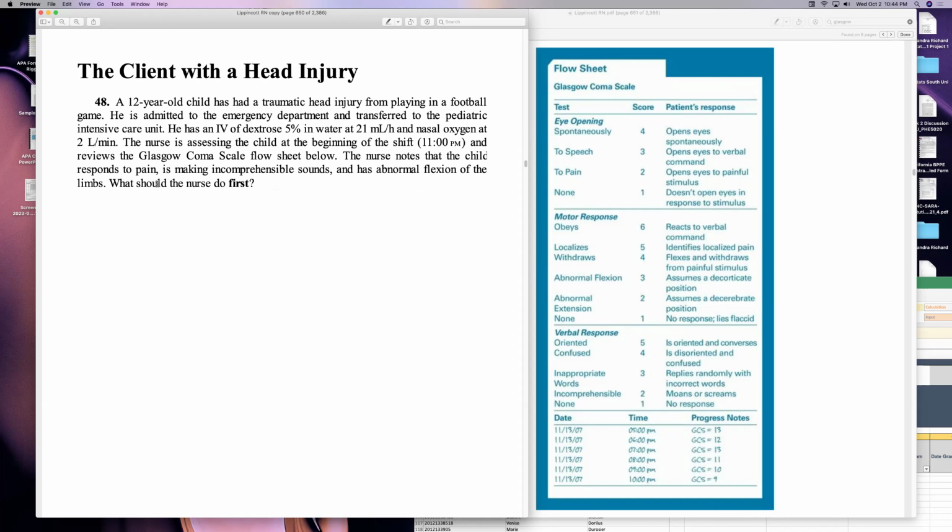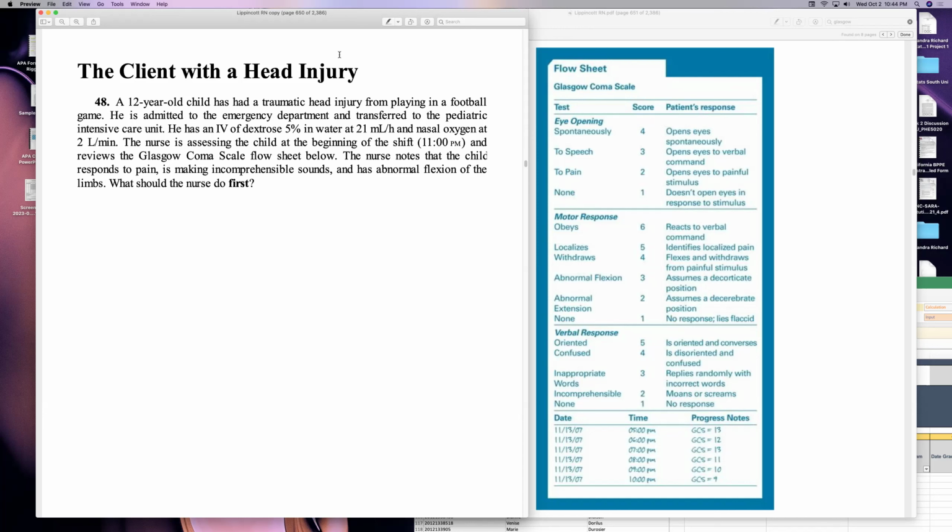The nurse is assessing the child at the beginning of the shift and reviews the Glasgow Coma Scale flow sheet below. The nurse notes that the child responds to pain, is making incomprehensible sounds, and has abnormal flexion of the limbs. What should the nurse do first?